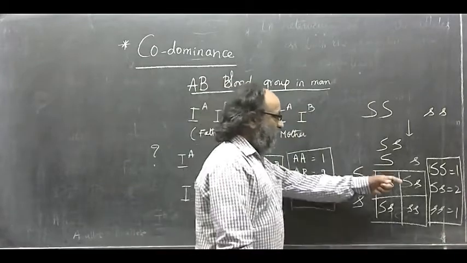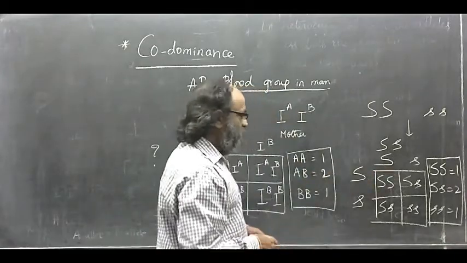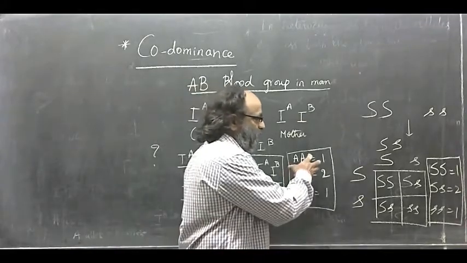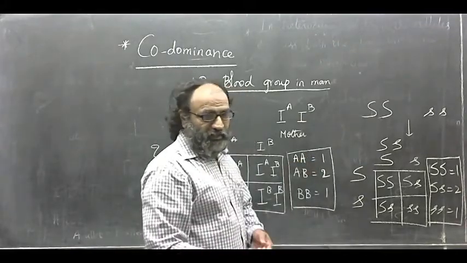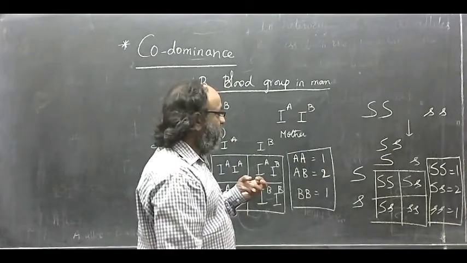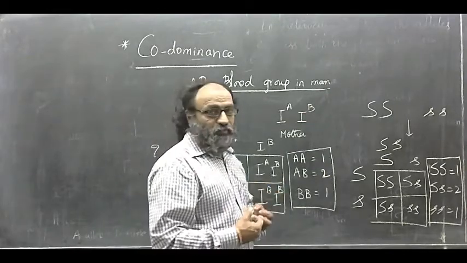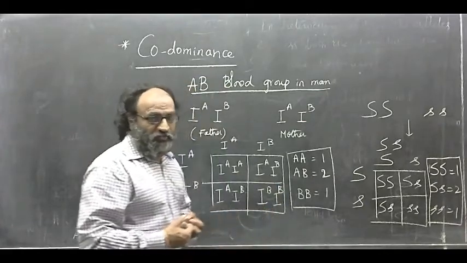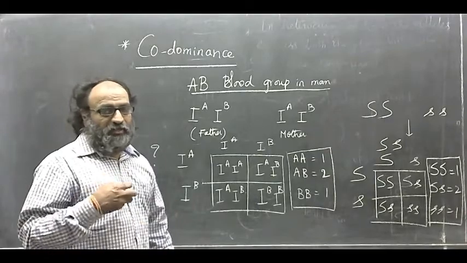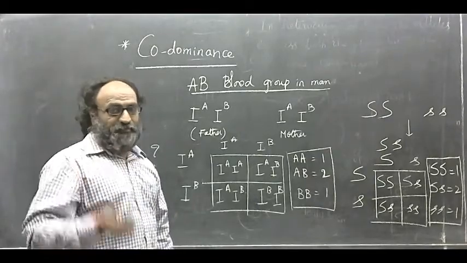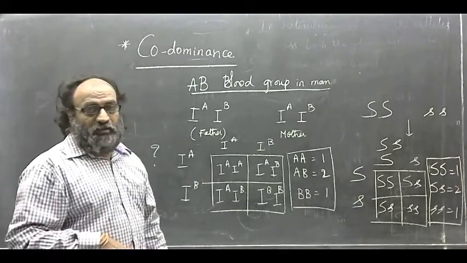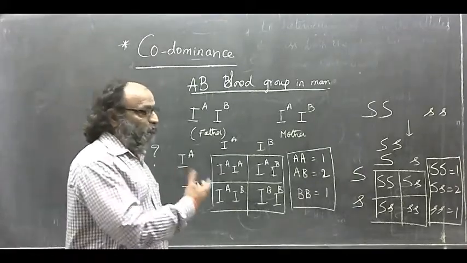So when you analyze the results of both the examples, we can clearly understand that when alleles are brought together in heterozygous condition and have equal strength of expression, then both the characters are seen in the offspring.